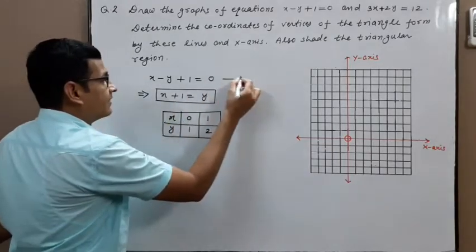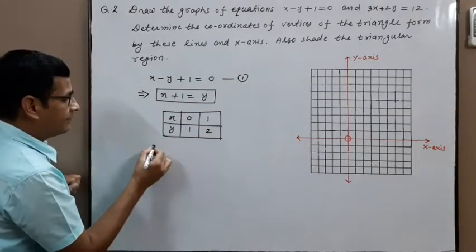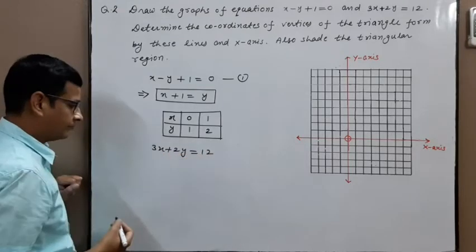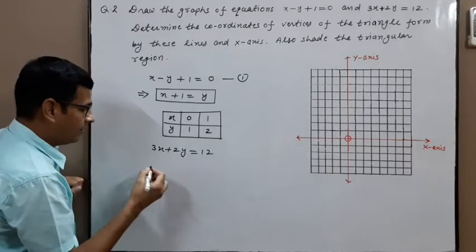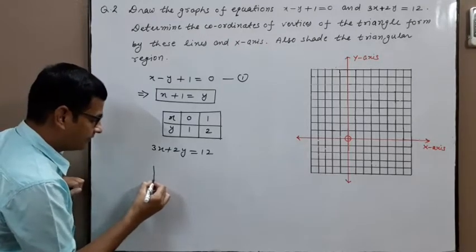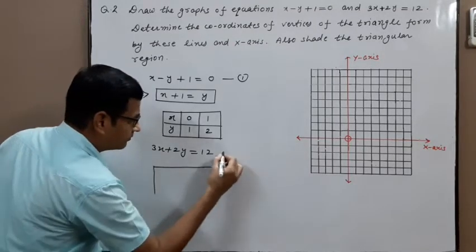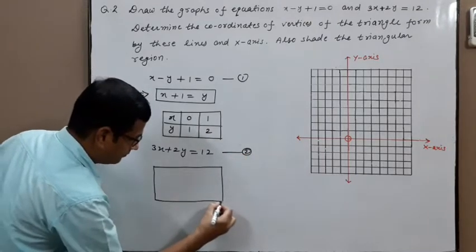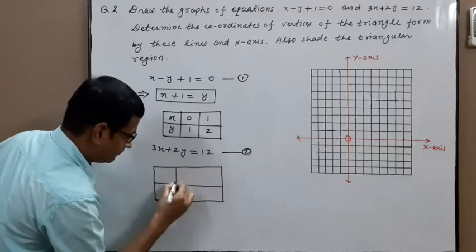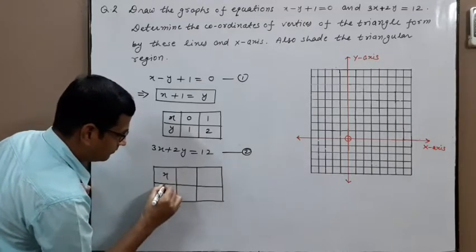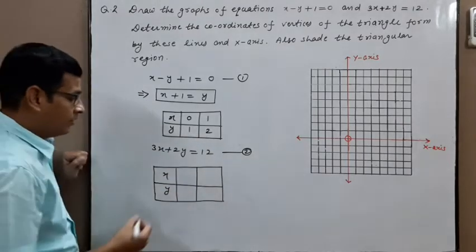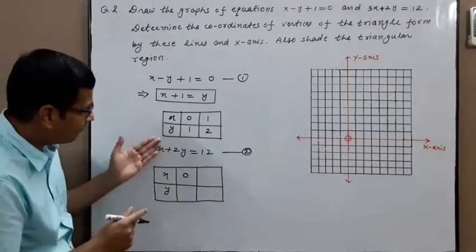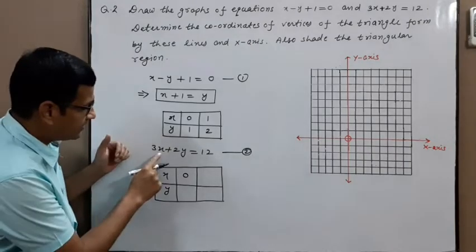Now the second line, 3x plus 2y is equal to 12. I'll now find two values. First put x equal to 0. 3 into 0 is 0, so the first term is 0.